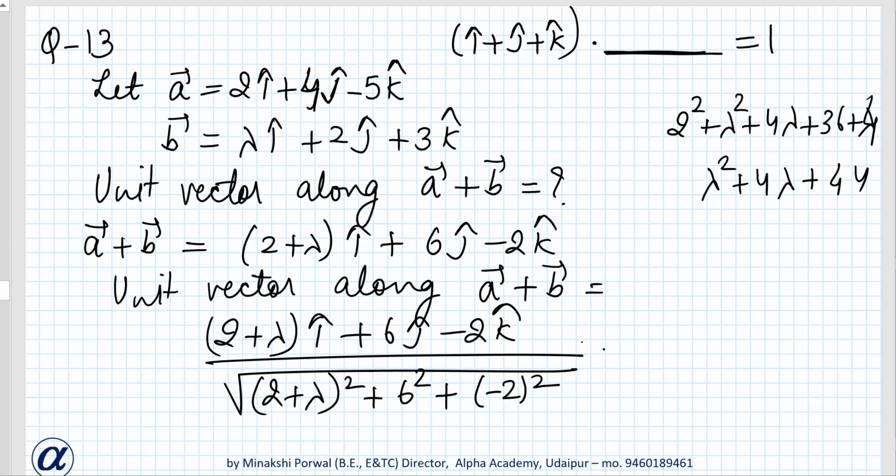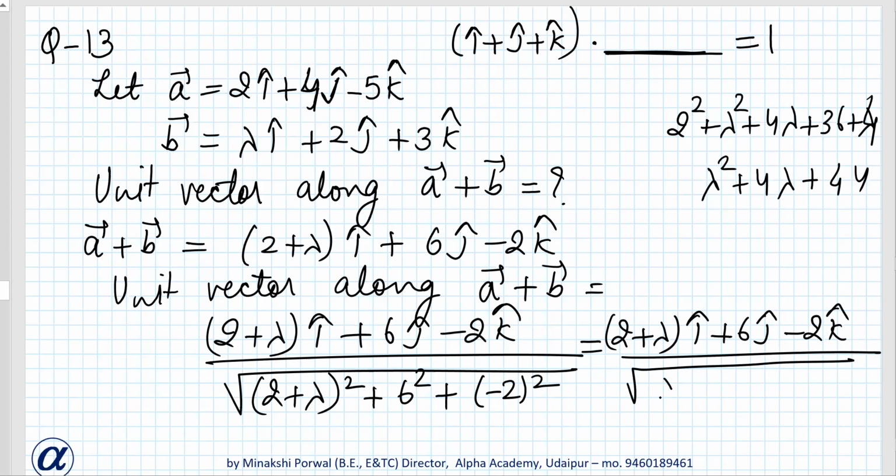So this can be written as 2 plus lambda i cap plus 6j cap minus 2k cap upon under root of lambda square plus 4 lambda plus 44.